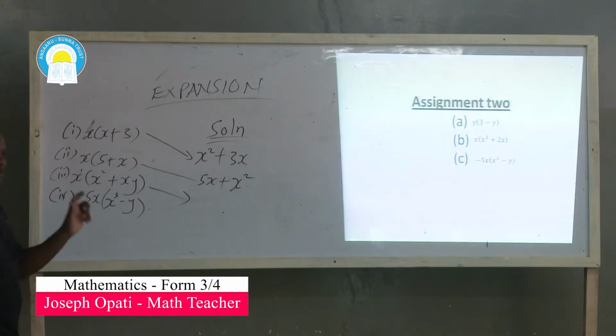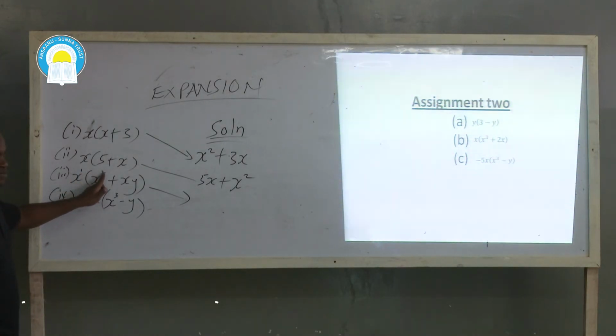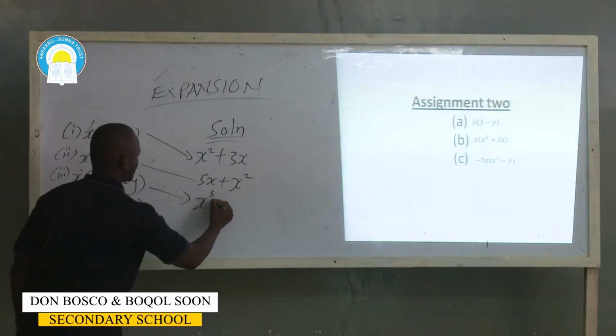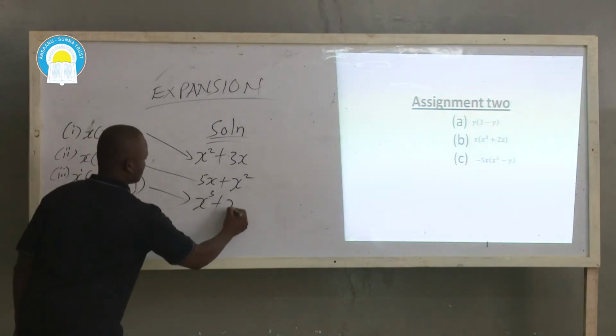You add the respective powers. So you have 1 plus 2 to give me power 3. So what do you end up with? x cubed. Of course, plus this times that will give you x squared, adding 1 to that 1 there to give you x squared y.